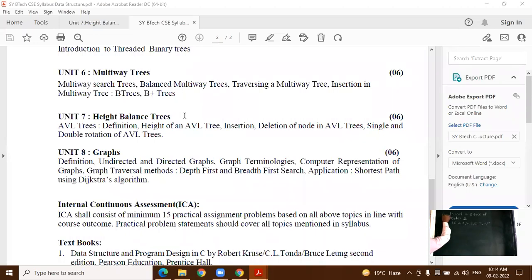Now the second one. The order is 5, same B tree.